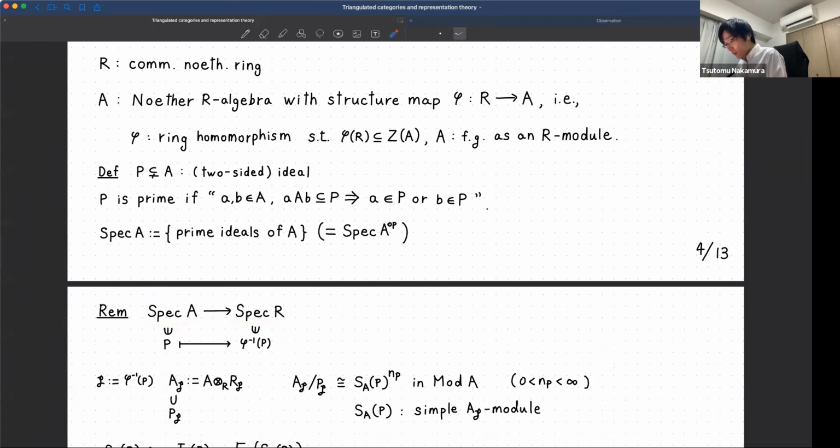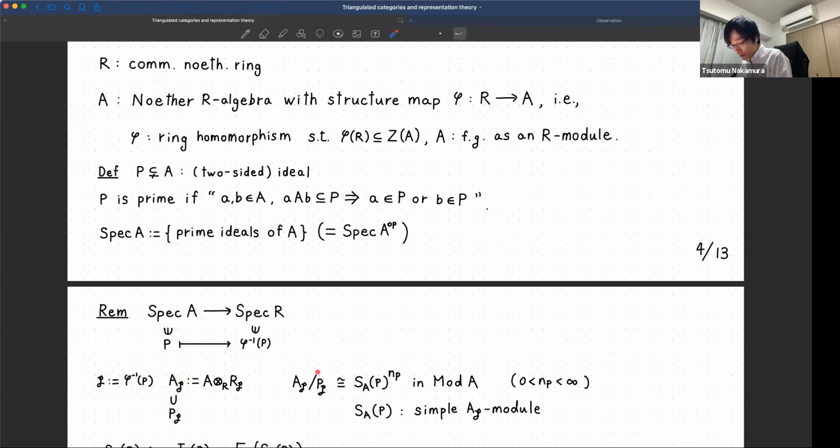But in this setup, we do have this induced map, namely, if P is a prime ideal of A, then its pre-image is a prime ideal of R. If we put p as the pre-image of P, then since A is an R-module, we can localize it, and the localization of P at p is also a prime ideal of this localized ring.